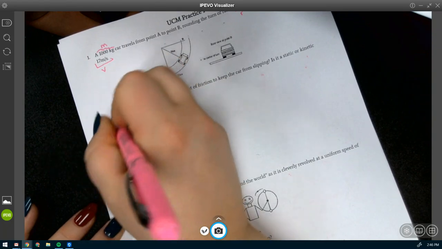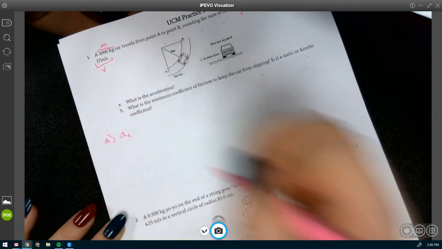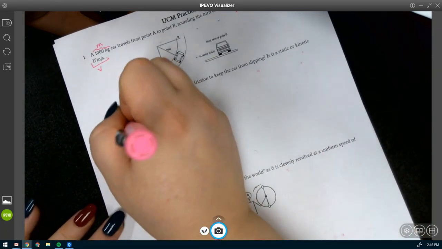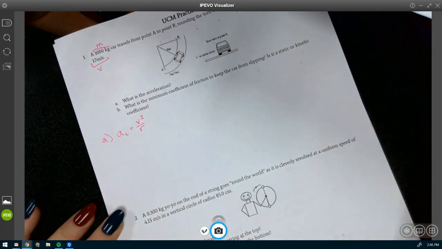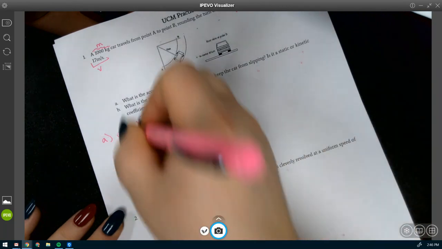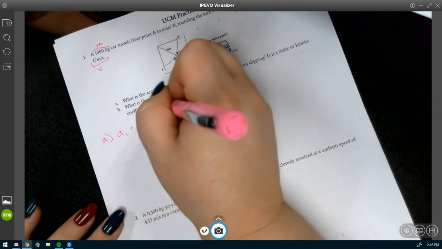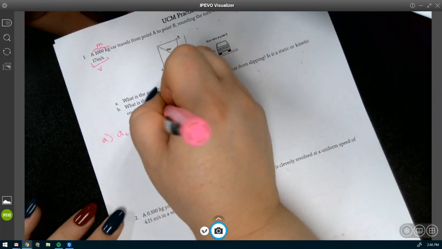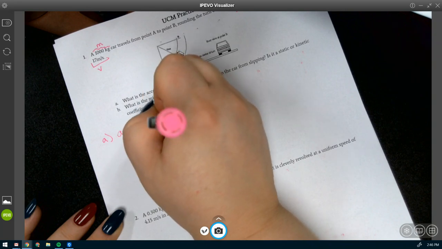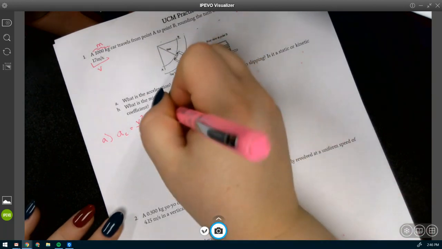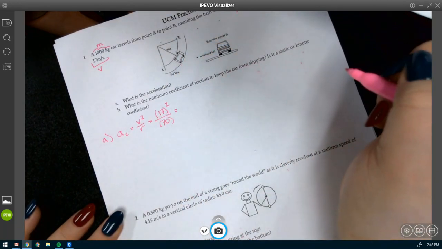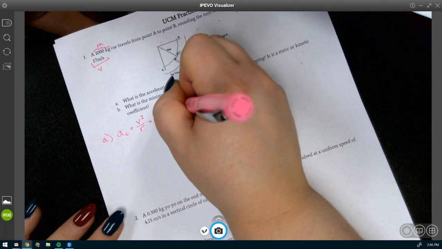Well, we have a fancy new equation where it's just our centripetal acceleration. And that's going to be V squared divided by R. We're told that our velocity is 17 and our radius is 70. And then I got 4.13.